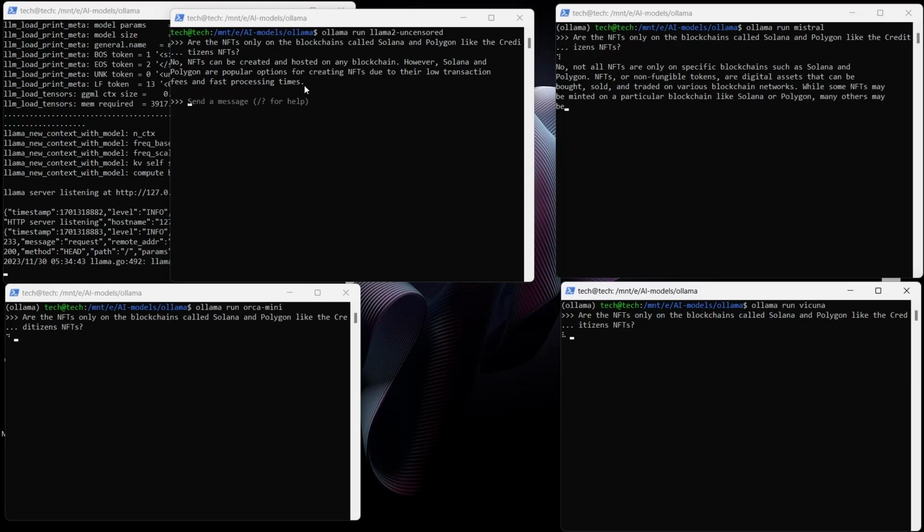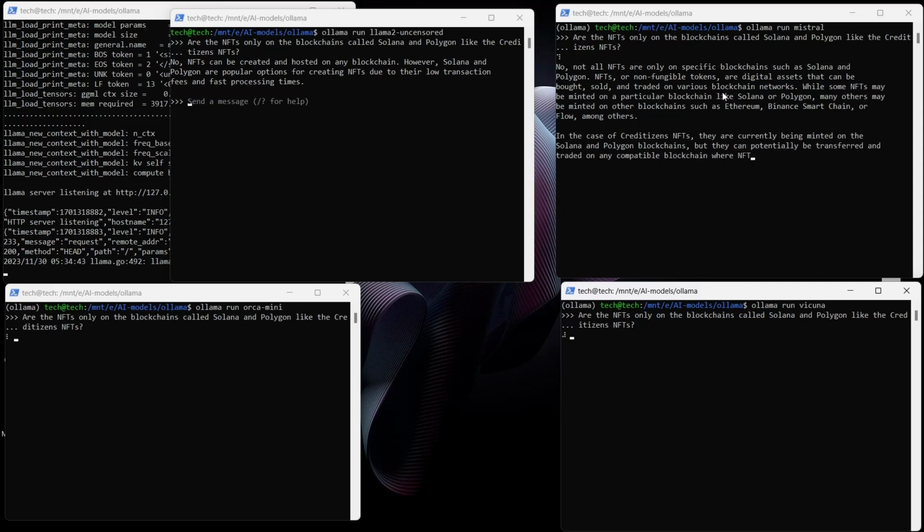For the Mistral, it says no, all NFTs are not only on specific blockchains such as Solana and Polygon. NFTs, non-fungible tokens, are digital assets that can be bought, sold, and traded on various blockchain networks.